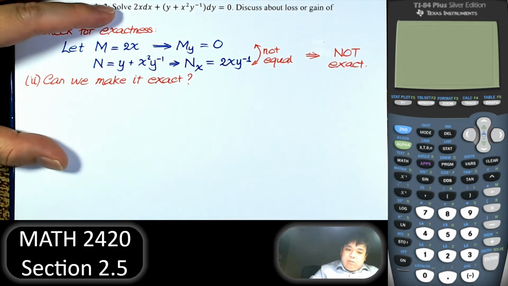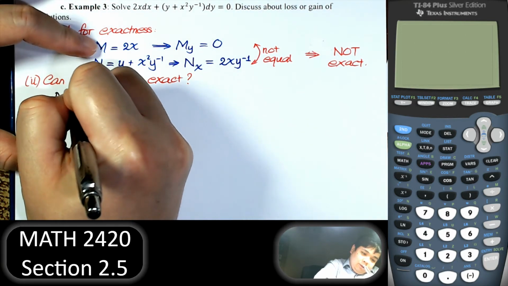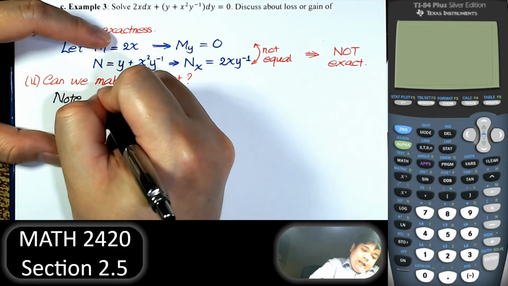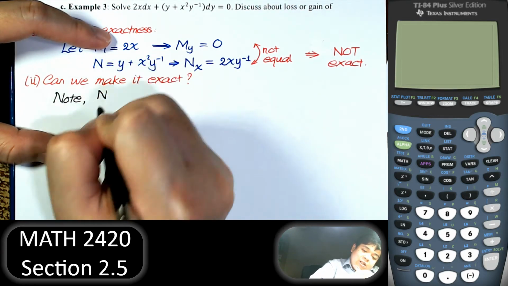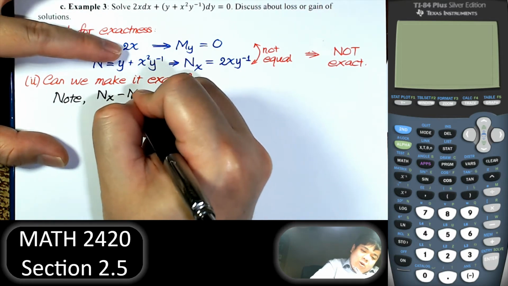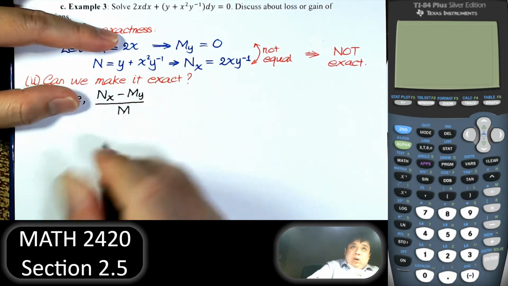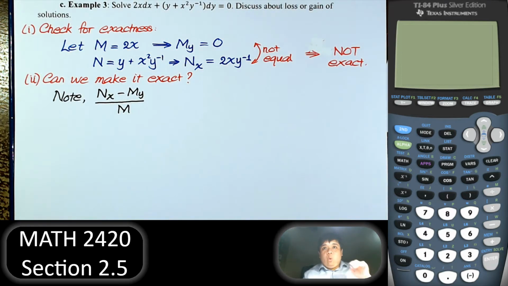So we'll note that if we start with N and we have N_x minus M_y, we divide by M, and whatever it is, it should only depend on y.